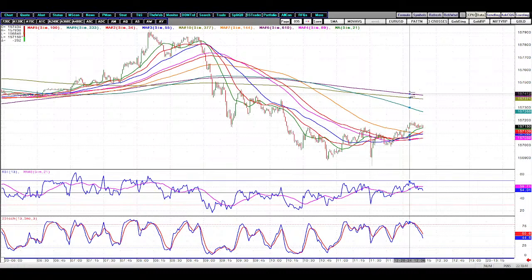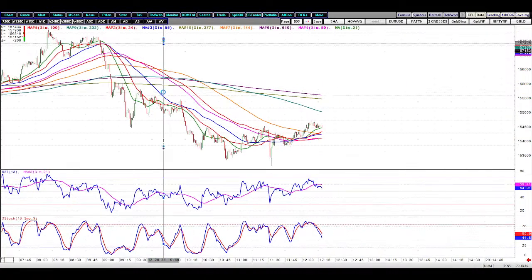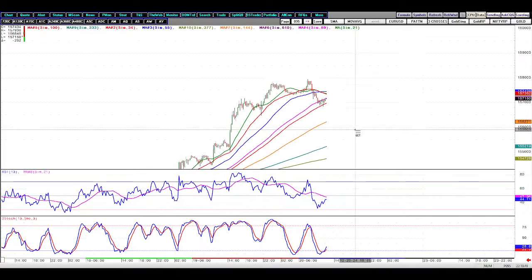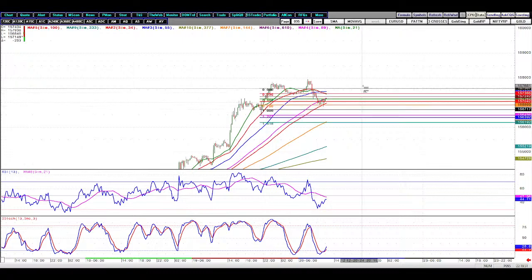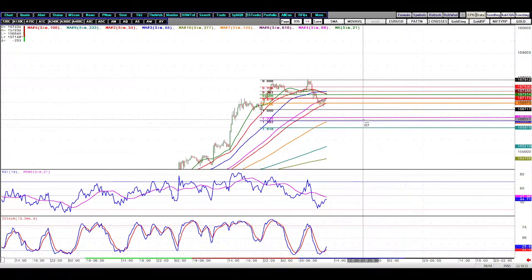So there are two possibilities based on the chart. We can go for a buy and hold at 156.40 and exit before 157.30. This should be one trade.